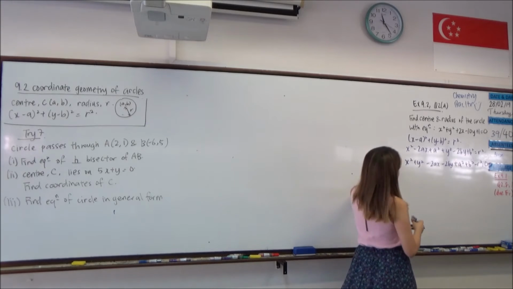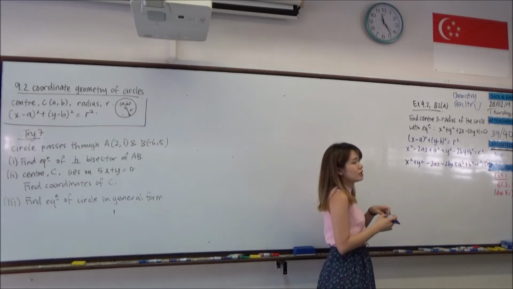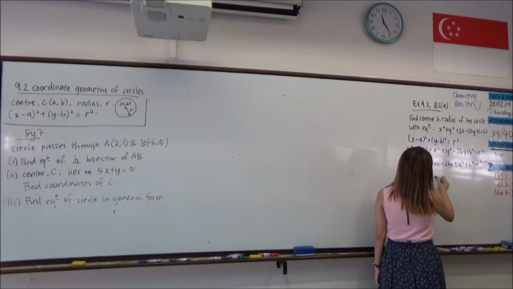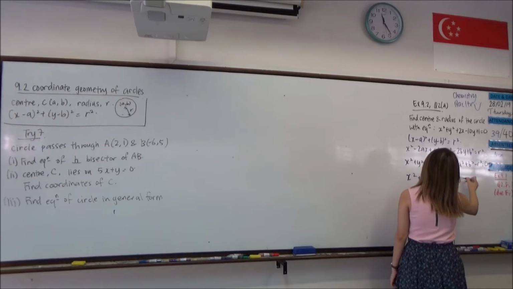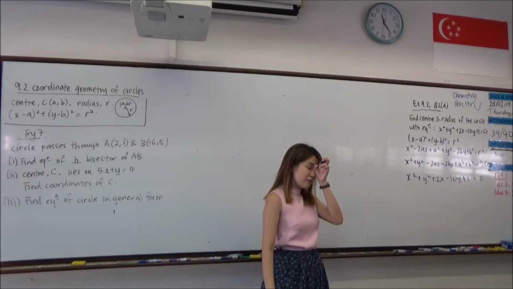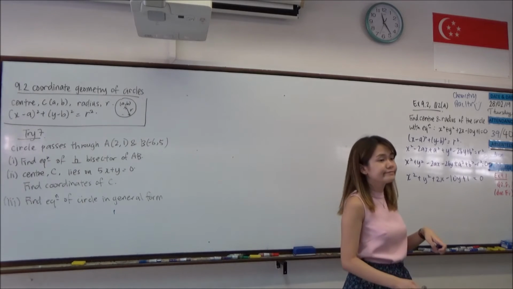So we have this one from the standard equation. We are given that the given equation for the circle is this. How do we find out what is the x-coordinate?